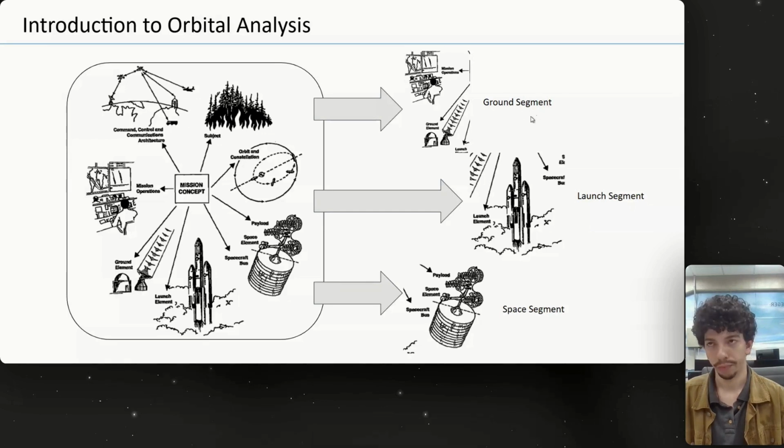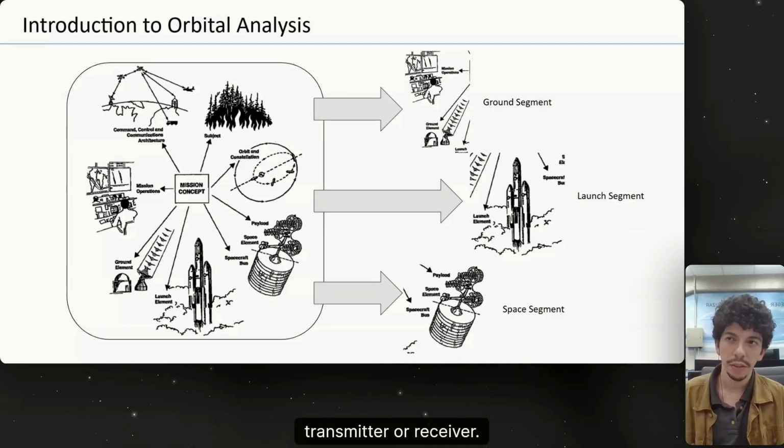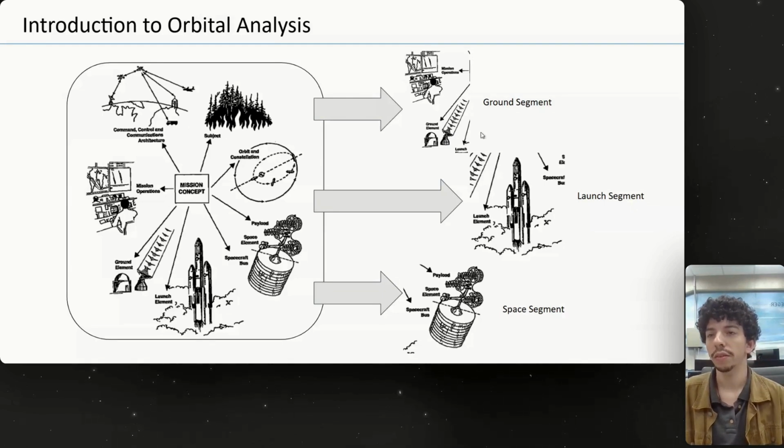In this case, we talk about stations for controlling space vehicles and antennas for telecommunications systems, whether transmitter or receiver. Okay, the second segment is the launch segment. In this case, we talk about rockets.